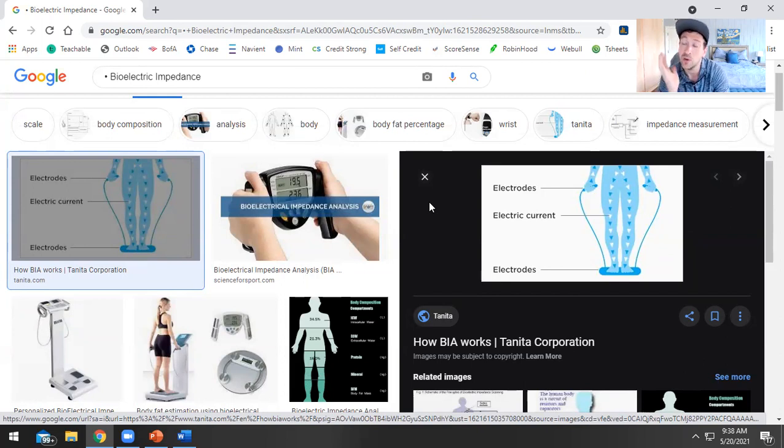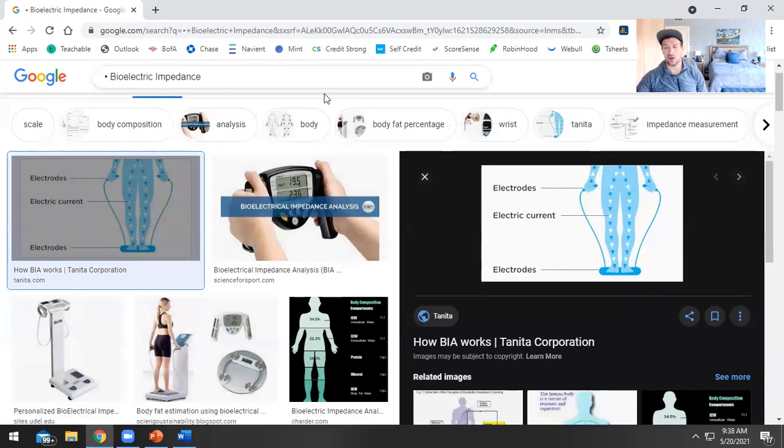Well, then it knows that that signal's traveling really quickly. That means that most of the tissue on your body is made up of water, and most of your cells are made up of water. But there's a certain type of cell that is not made of very much water, and that is your fat cells. So your fat cells actually don't conduct electricity very well. So if that electric signal travels really, really slowly, that is how our body knows that you have a higher body fat percentage.